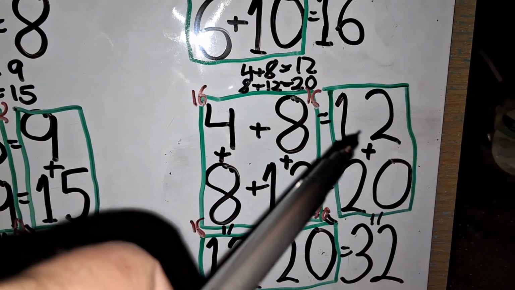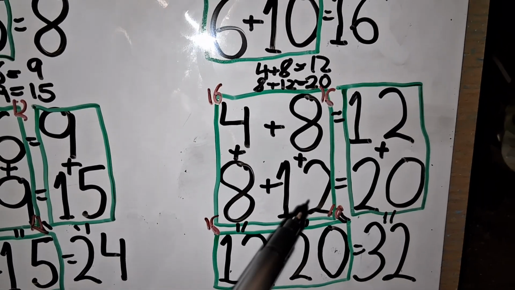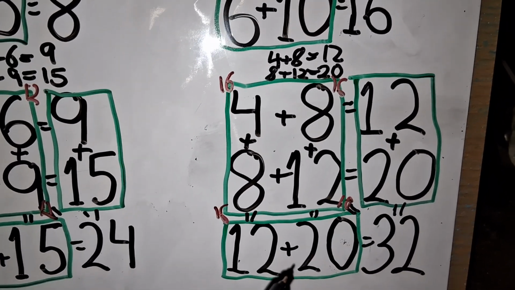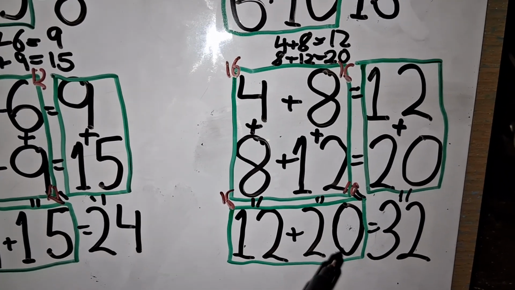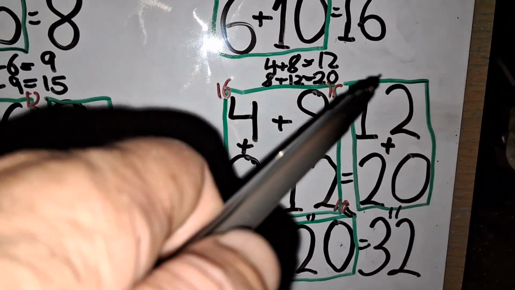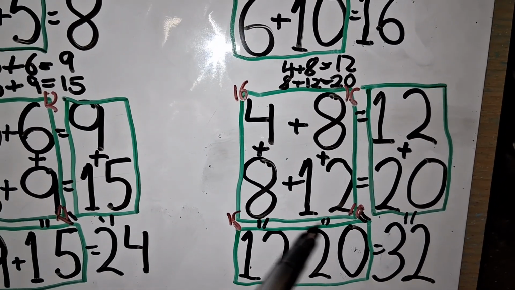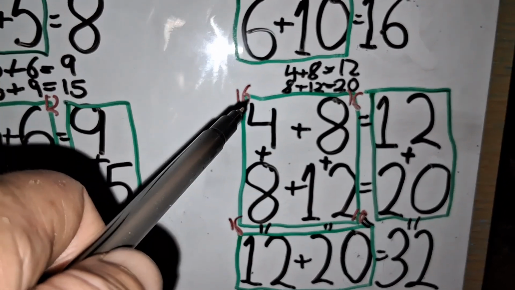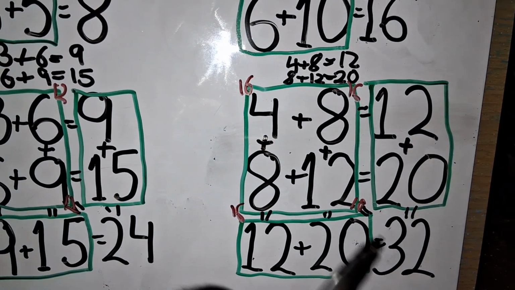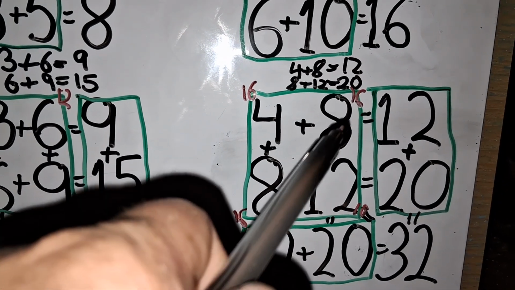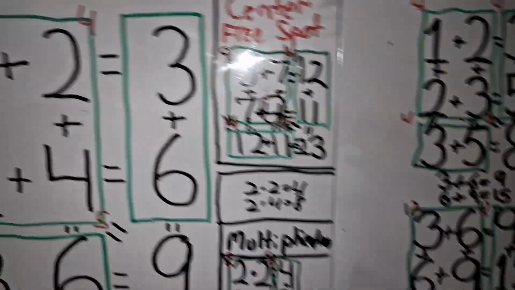So 4, 8, 12. Bring 8, 12 down here. 8, 12 is 20. And then bring the 12 and 20 down here. 12 and 20 is 32. And that equals, going that way, going this way, and also going this way. And these are the expressions you get out. 16 plus 16 is 32. 4 plus 12 is 16. 8 plus 8 is 16. That's another expression you get out.